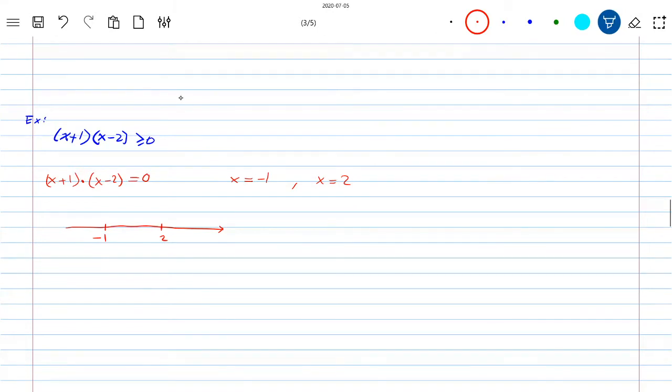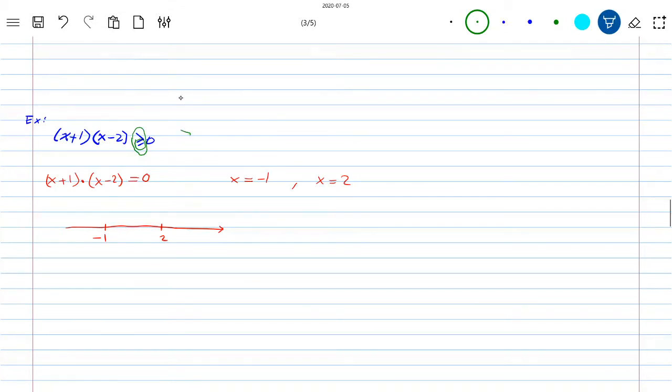Here's an important thing that I didn't mention in the process above. You look at the original inequality. If you see an equal option, that means you can pick those numbers to be in your solution. If there is equality, these numbers could be in the solution as well.